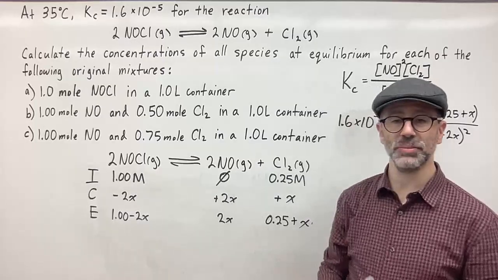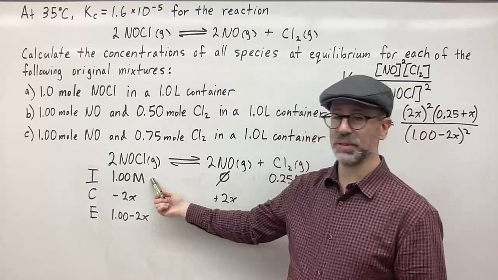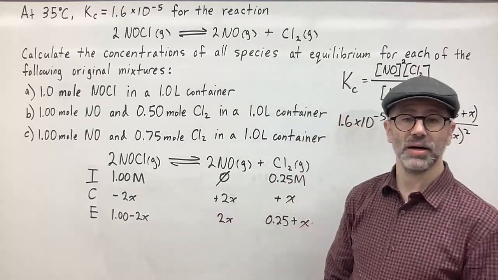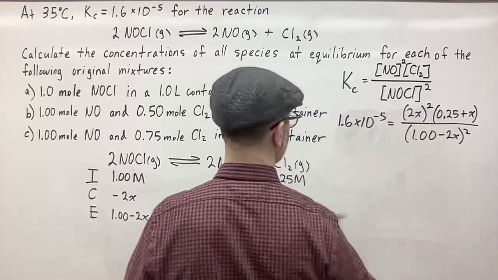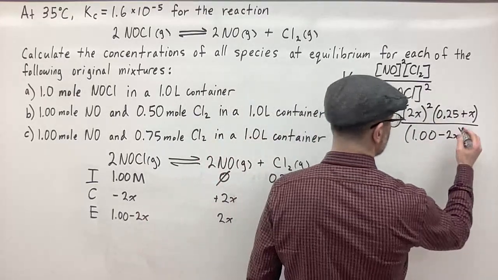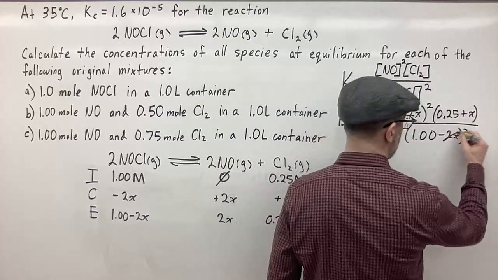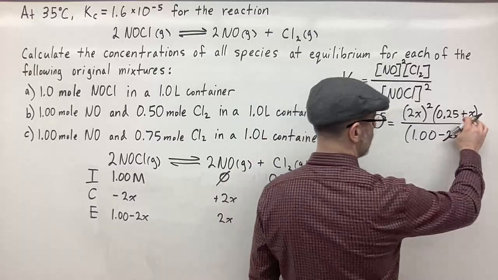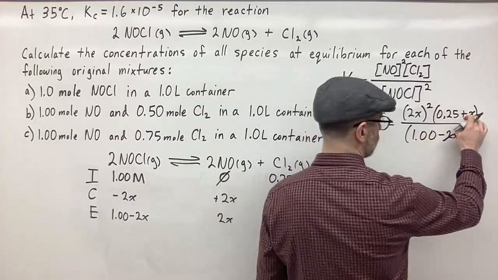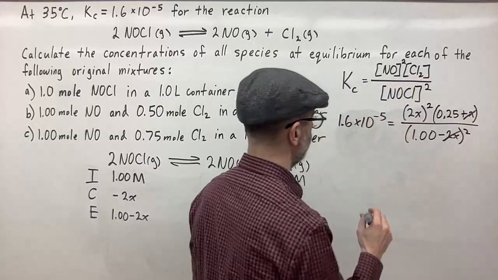The change is going to be so small that the equilibrium concentration is going to be the same as the starting concentration, the initial concentration. So we can go ahead and get rid of the x here. Subtracting a 2x amount is going to be so small as to be negligible, and adding an x amount here is going to be so small as to be negligible. So we can get rid of those.